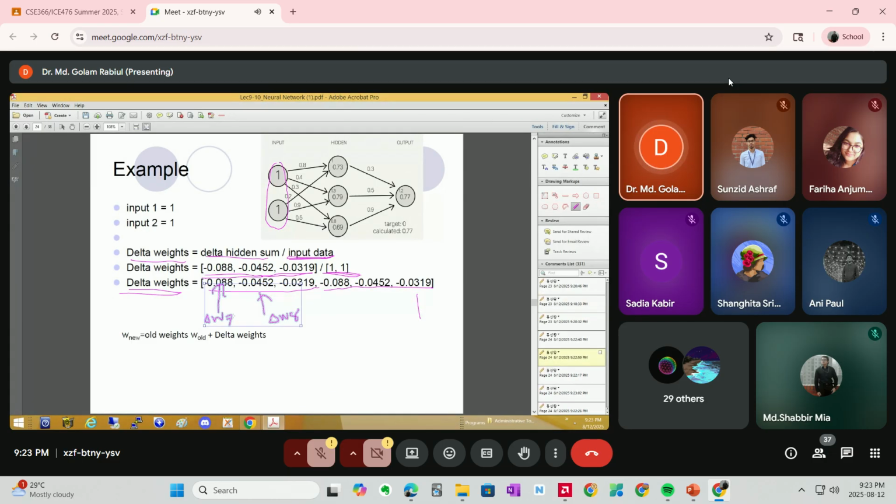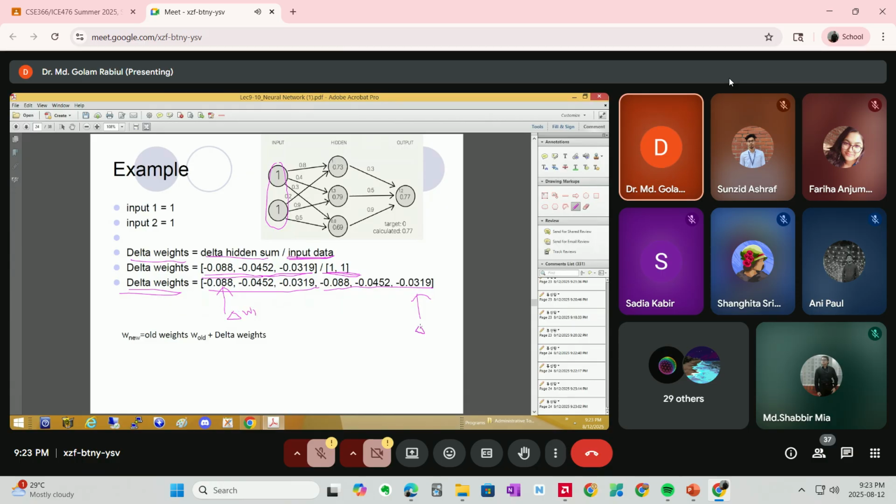So this is our W1, so delta W1 up to delta W6. The rate of change of this W is negative 0.088. Similarly, up to this one, it will be negative 0.0319.